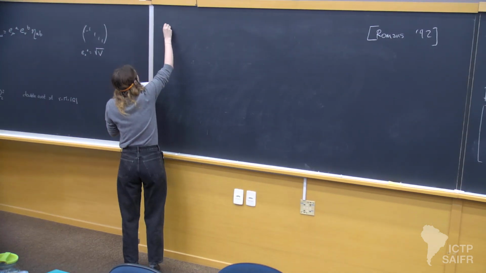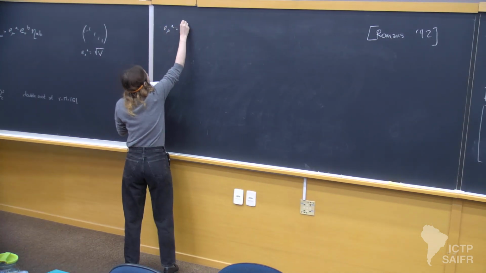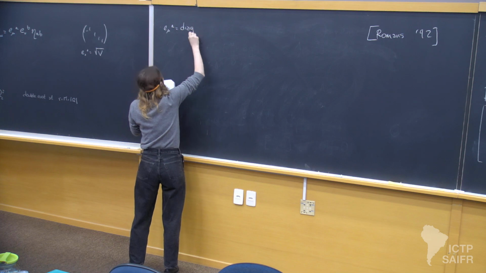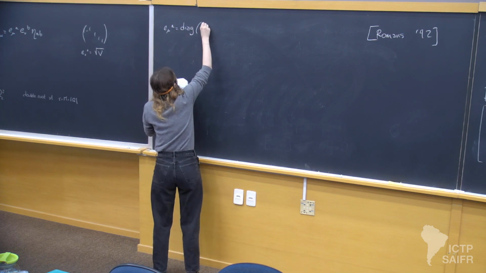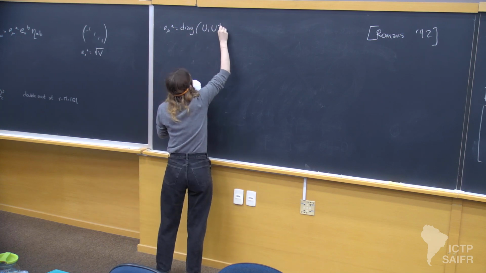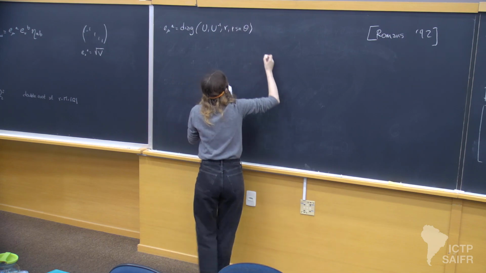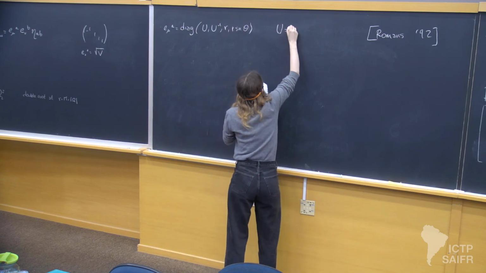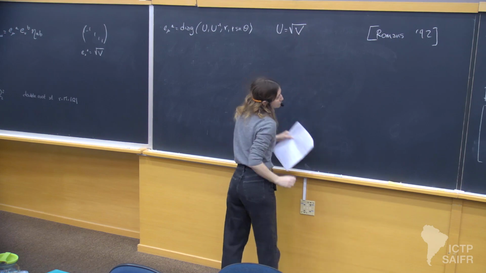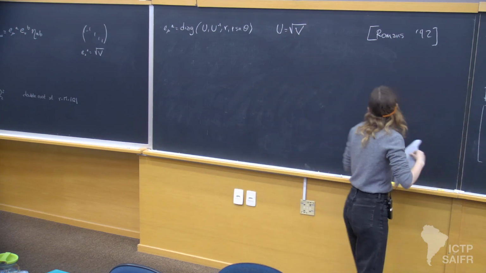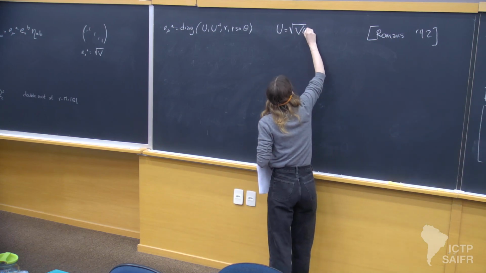So our vielbein e^A_mu will be diagonal: u^-1, r, r sin theta, where we define u to be the square root of B, so B of r. Okay?